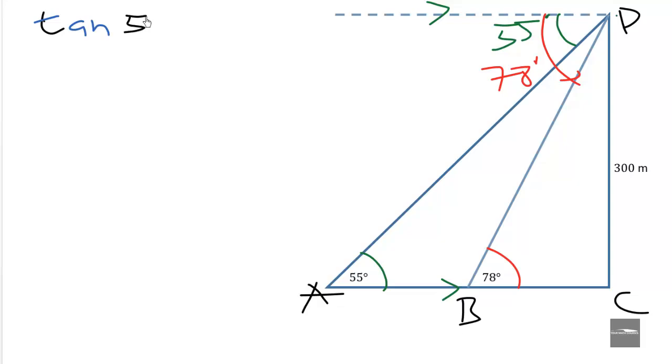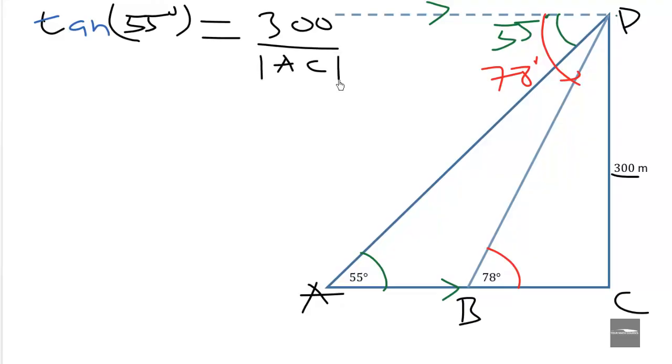Let me write well. Tan 55 degrees will be equal to opposite, which is 300 meters, over adjacent, which is AC, the distance from A to C. So this will give us AC to be equal to 300 over tan 55 degrees.